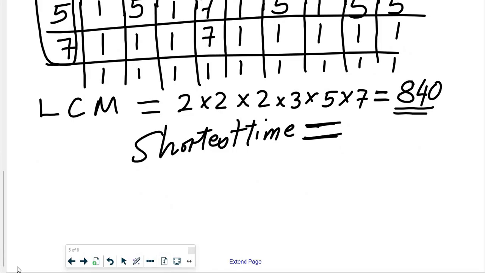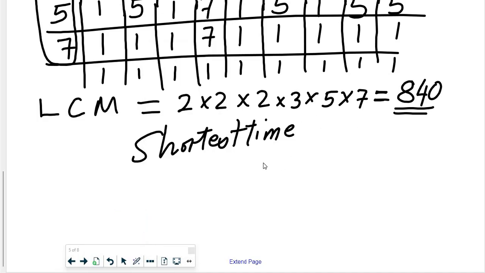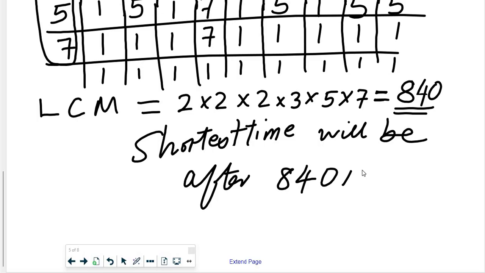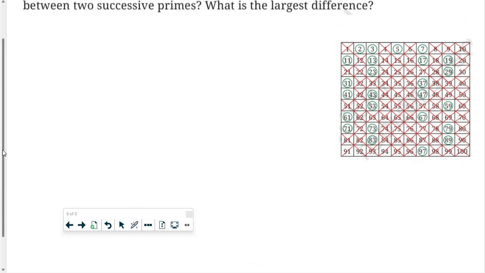So the shortest time will be after 840 minutes. Okay, that's all.